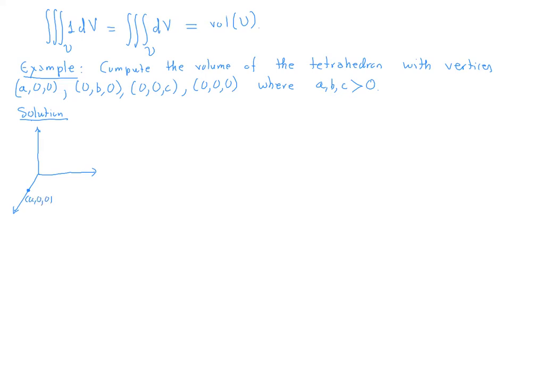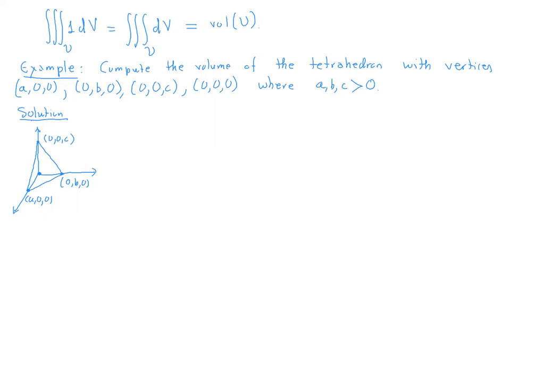So this is (A,0,0). And let's say that this is (0,B,0). Excuse me. And that this is (0,0,C). And of course, the origin doesn't need an introduction, right? So this is your tetrahedron.